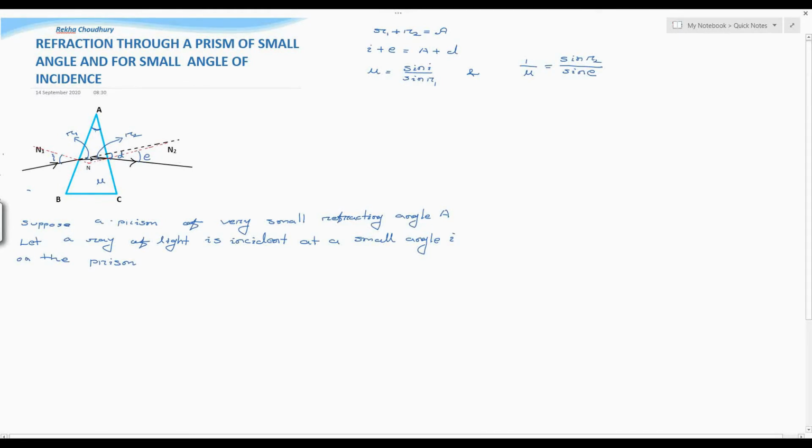As this angle I is small, also the angle of prism is small, so all other angles like R1, R2 and E also will be very small.